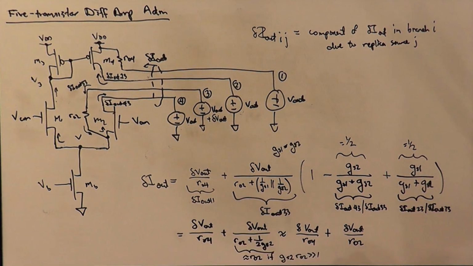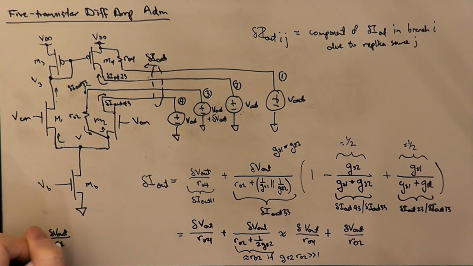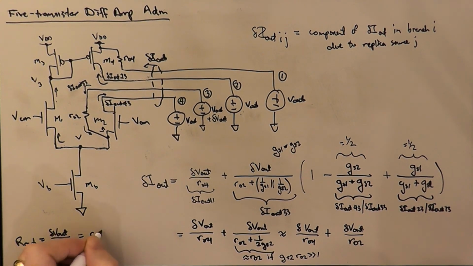Okay, so that leads us to the conclusion that R out, which is equal to delta V out over delta I out, we factor out the delta V out, and we get 1 over RO4 plus 1 over RO2, but that goes downstairs on the other side, and so that becomes just RO2 parallel RO4.